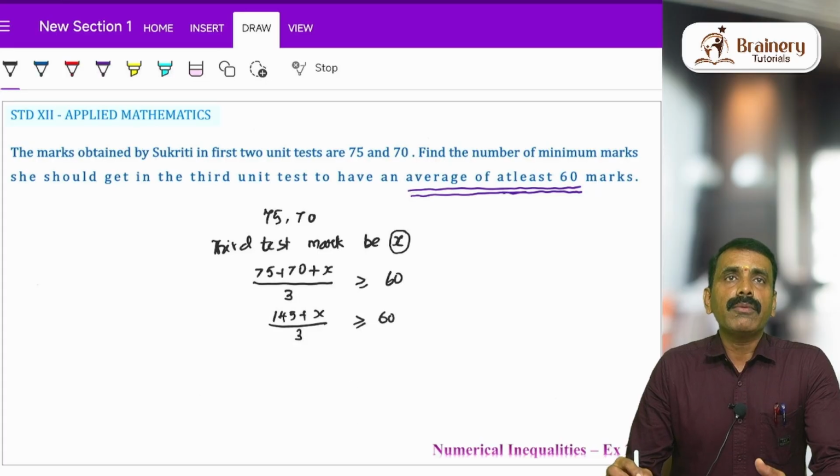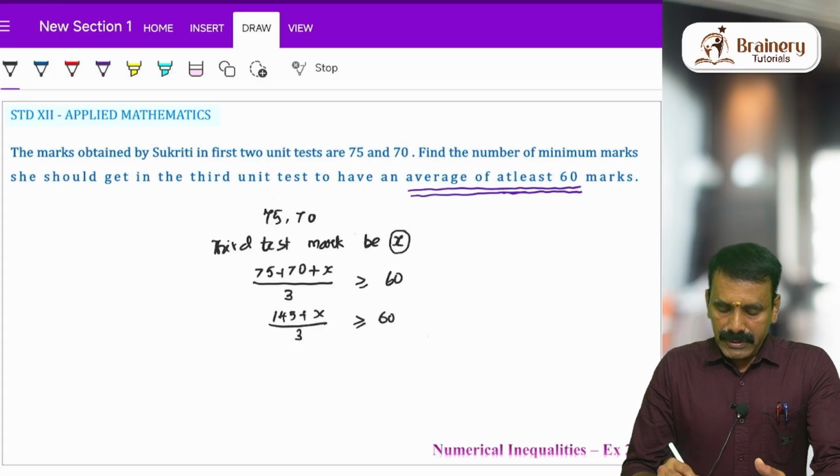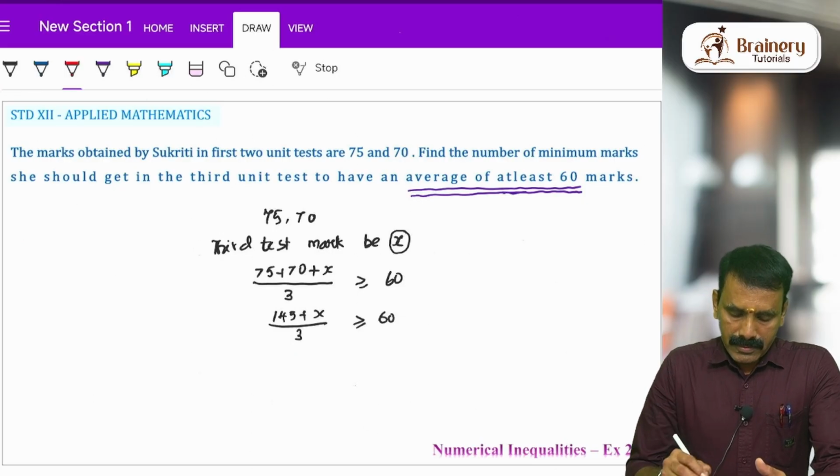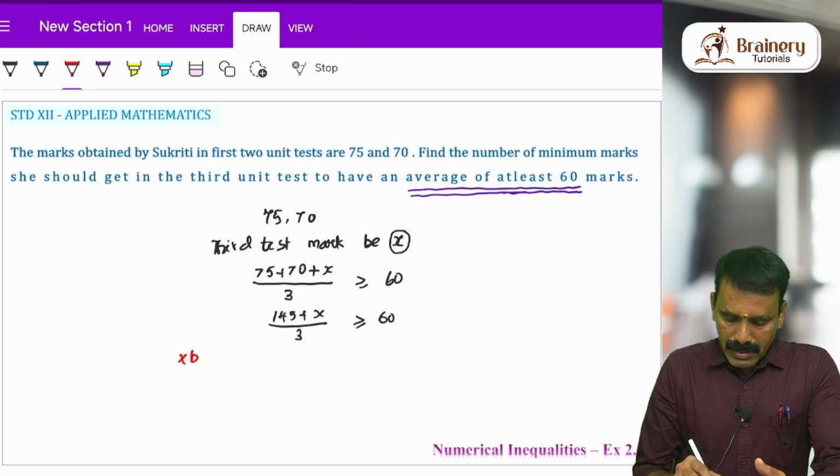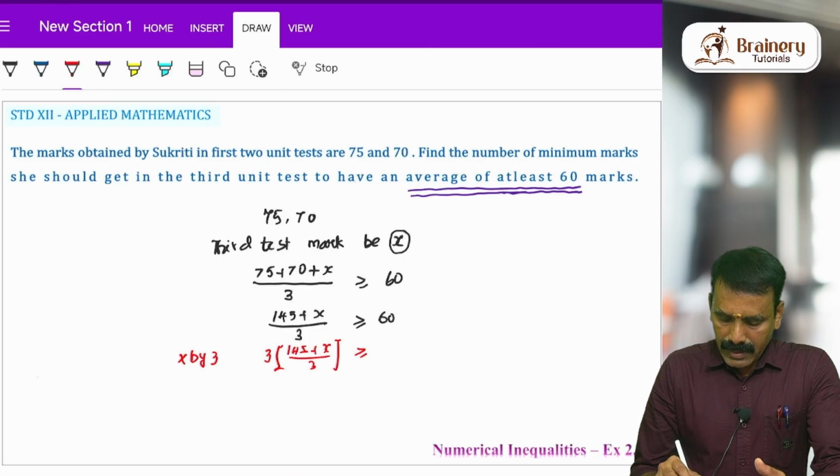We have to simplify this inequality. So first we try to remove the 3 in the denominator. For that we have to multiply by the multiplicative inverse of 1 by 3. The multiplicative inverse of 1 by 3 is 3. So we multiply by 3 on both sides. So 3 into (145 plus x) by 3 is greater than or equal to 3 into 60.